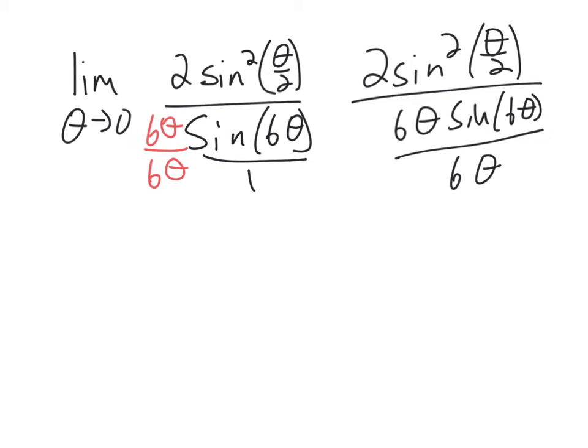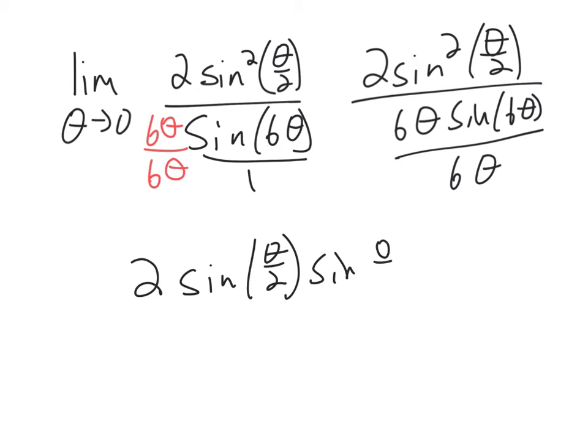So we know we get a sine of 6 theta over 6 theta on the bottom when we take the limit as theta approaches 0. Now I've got to take care of the top. What they tell us to do is break that sine squared out into sine theta over 2 times sine theta over 2, because that's where we're getting the squared from, right?